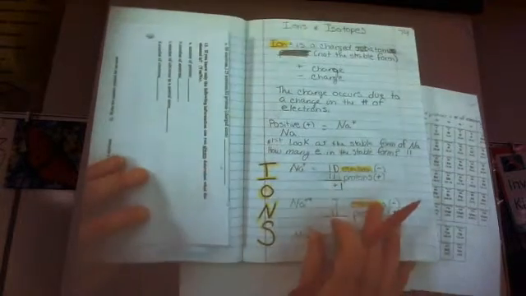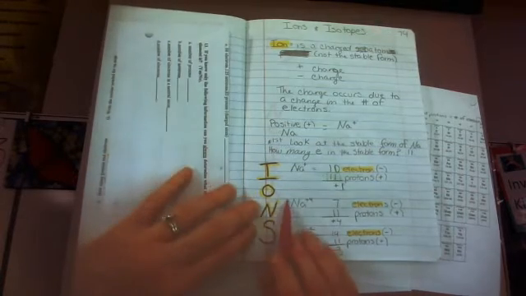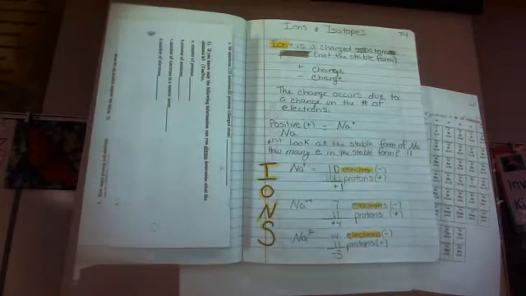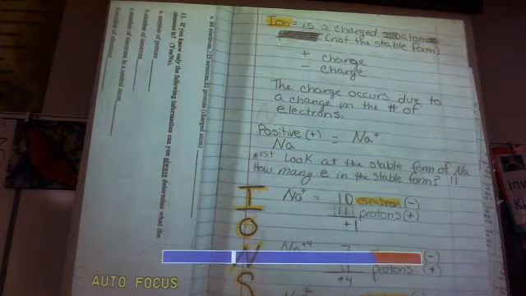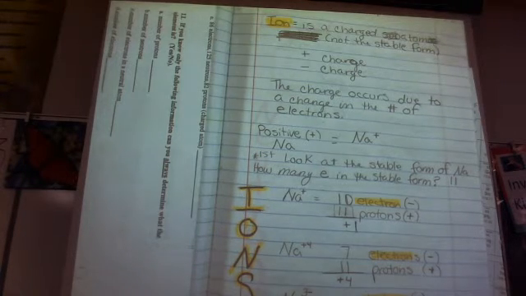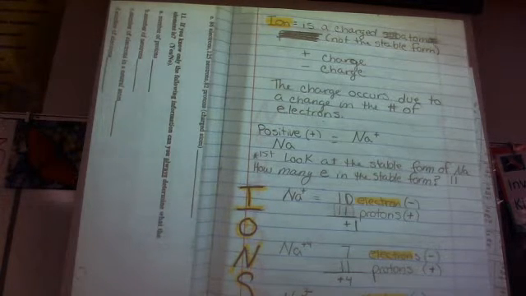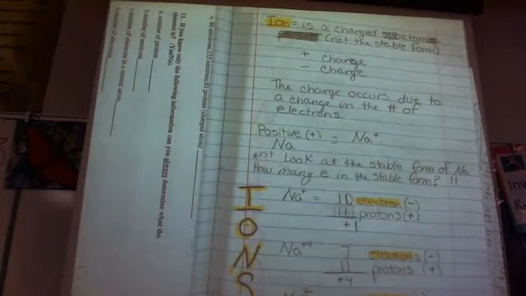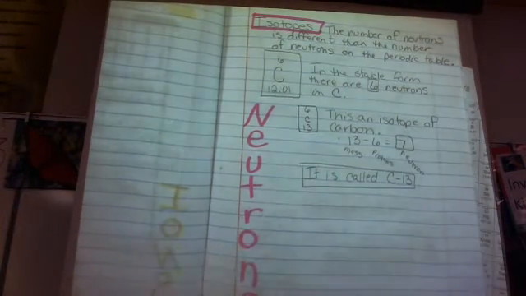You want to make sure that you can determine what an ion is. You need to know that an ion is when the number of electrons changes. So when you see a problem and you're given different electrons and different neutrons from the periodic table and you're asked to find an ion, you use electrons, not neutrons. If you're asked to use an isotope, you're using the information about neutrons, not electrons.